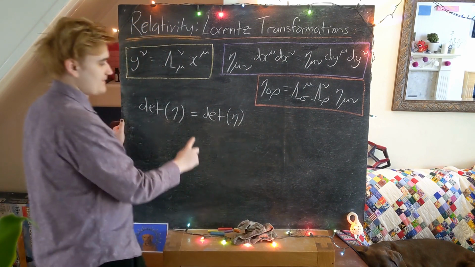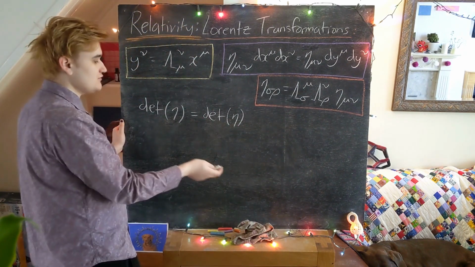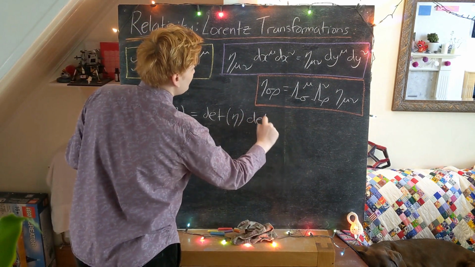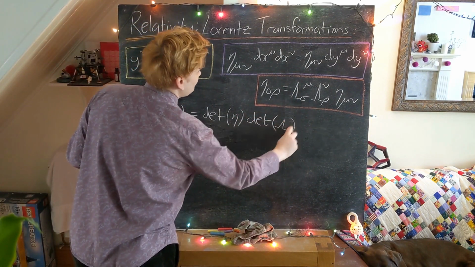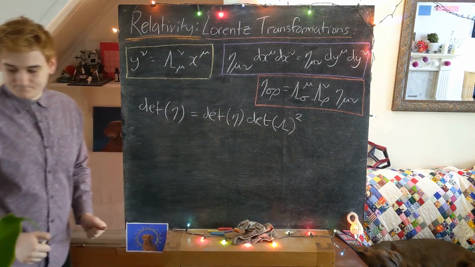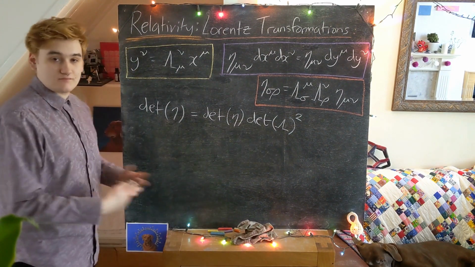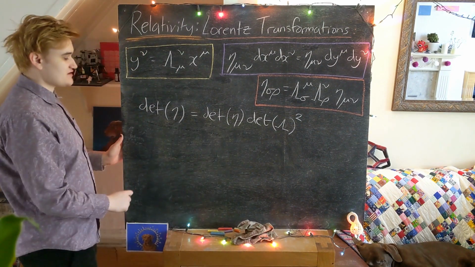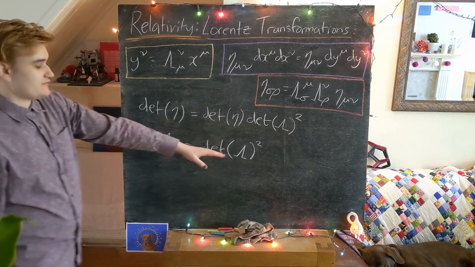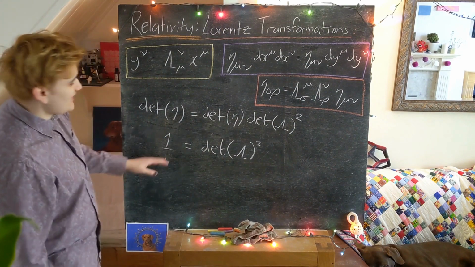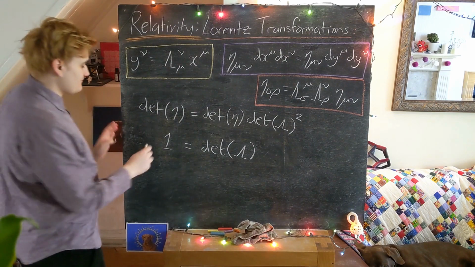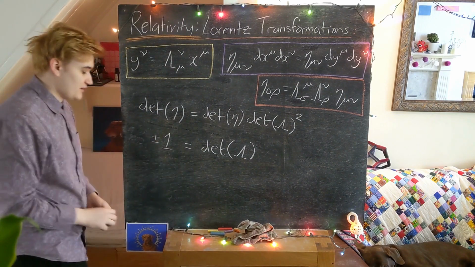So we're going to have the determinant of eta, and then the determinant of lambda squared, because we have two lambdas here. And so now we can simply cancel the determinant of eta to find that the determinant of the Lorentz transformation squared has to be equal to 1, or that the determinant of the Lorentz transformation has to be plus or minus 1.